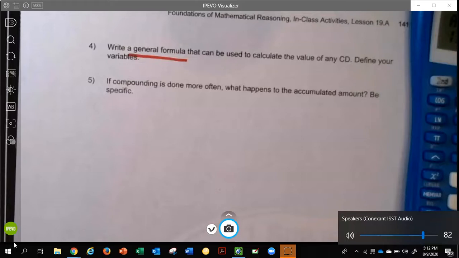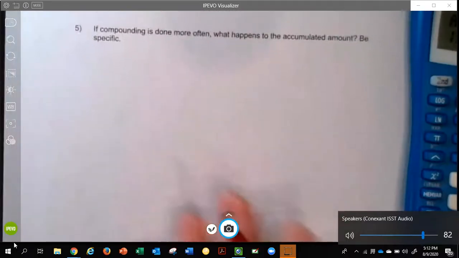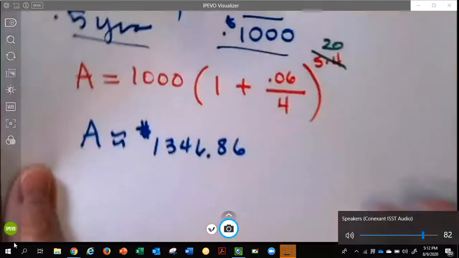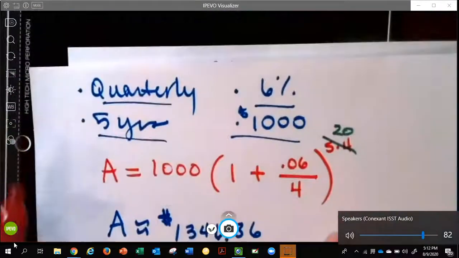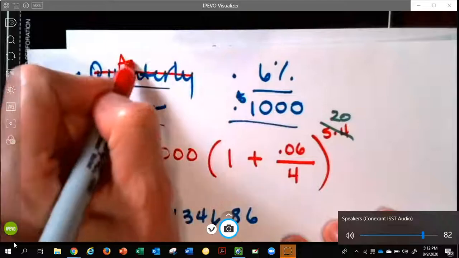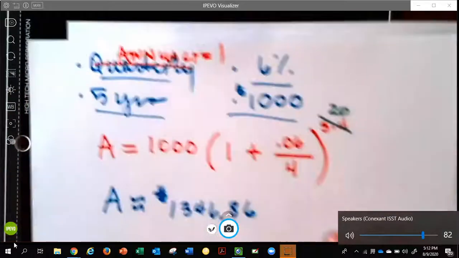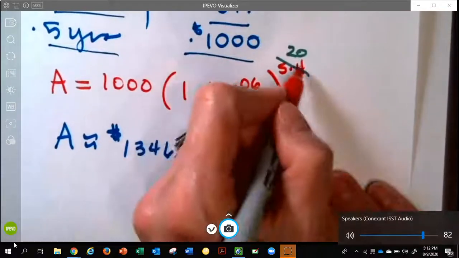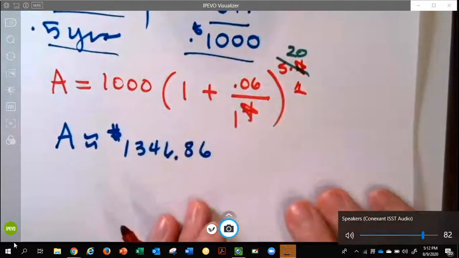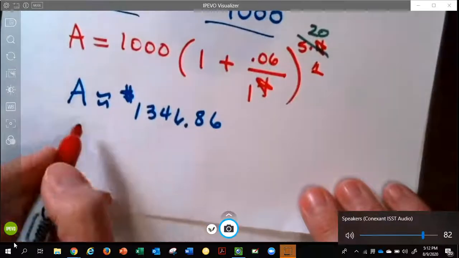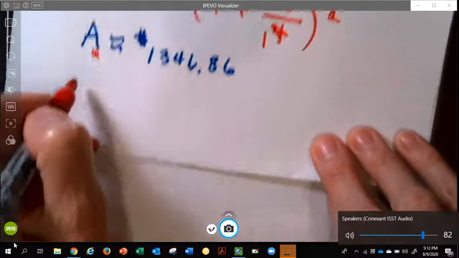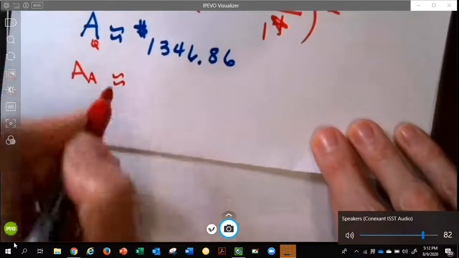And you can definitely play around with these, because even with the problem we were just working on, if you come back around and change this and do it annually, annually would just be a 1, and it would change this to a 1, and this to a 1. Compare that this was quarterly, this is annually.